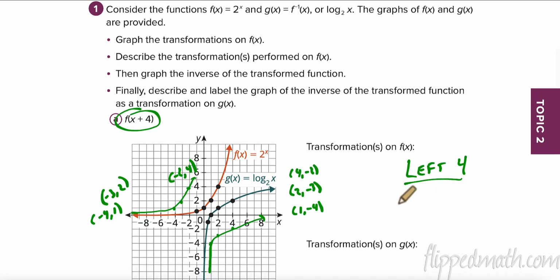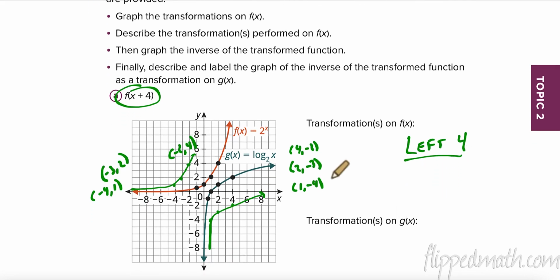So what does it do to the transformation on g of x? Well, it actually goes down 4. Whoa. Remember, x becomes y. X left becomes y down. That should make sense, right?